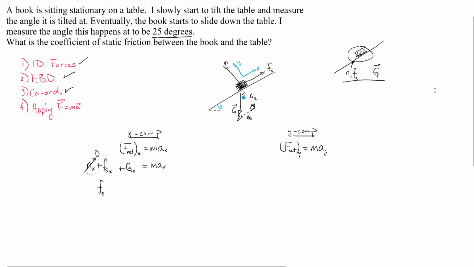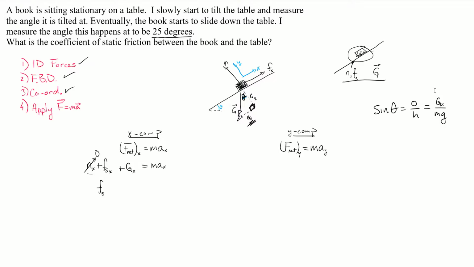But the point is, knowing that this angle here is theta, this x component in this right angle triangle, this is our right angle, is, well, sine theta, if we remember our SOHCAHTOA, sine theta is equal to opposite over hypotenuse. For this triangle, our hypotenuse is the force of gravity, mg, and our opposite side is the force of gravity in the x direction.